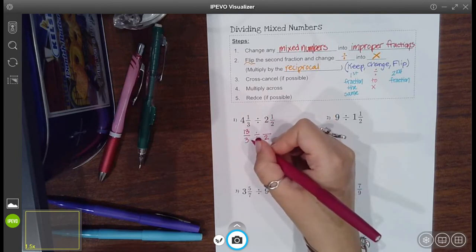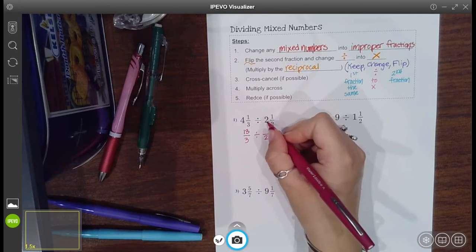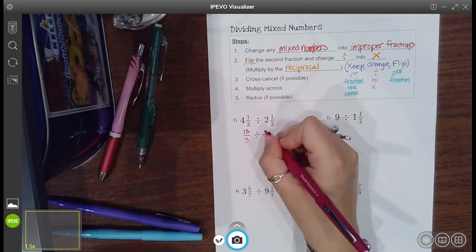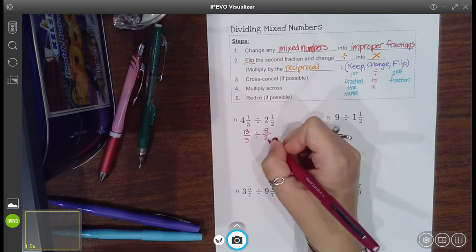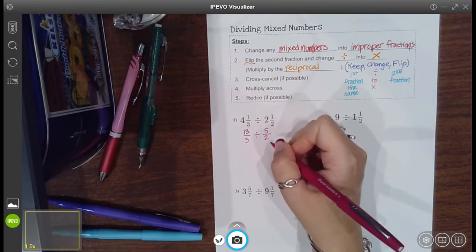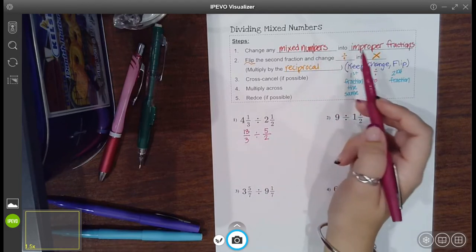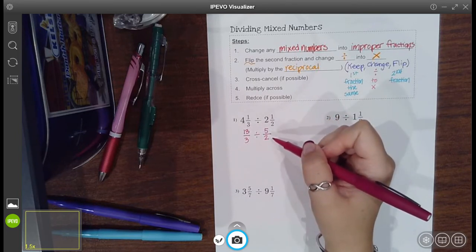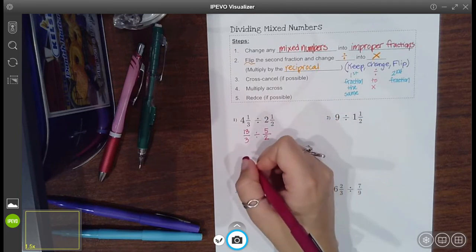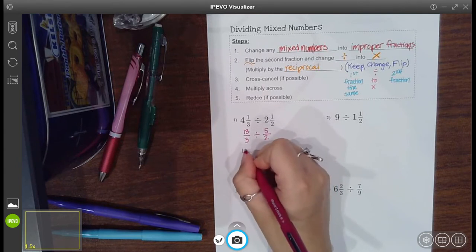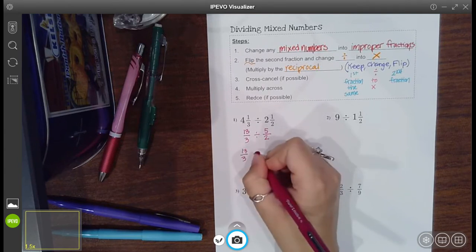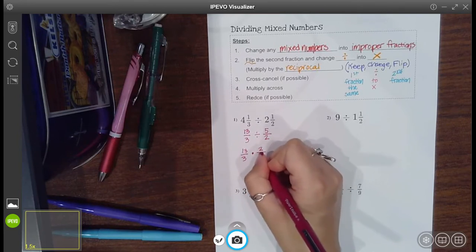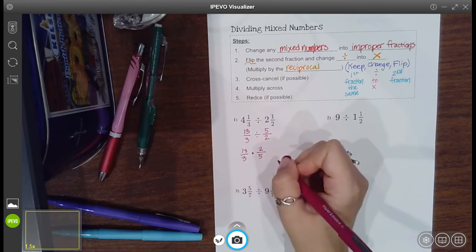Denominator stays the same. 2 times 2 is 4, plus 1 is 5. Denominator stayed the same. Now that I changed the mixed numbers into improper fractions, I have a fraction divided by a fraction, I do keep, change, flip. Keep the first fraction the same. Change division to multiplication, and flip that second fraction.